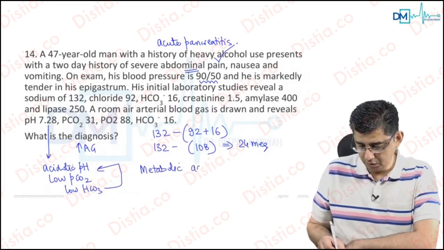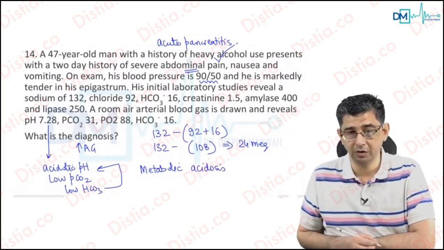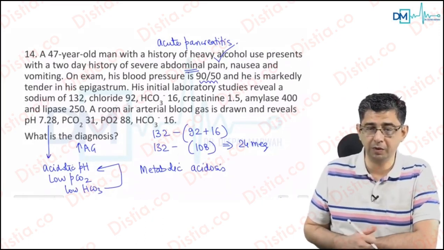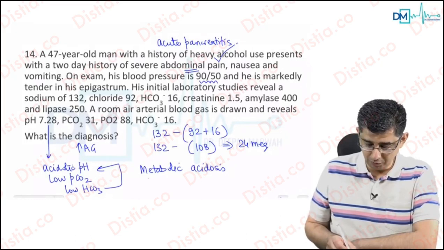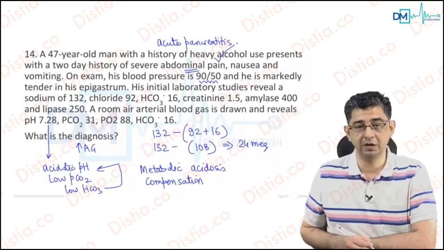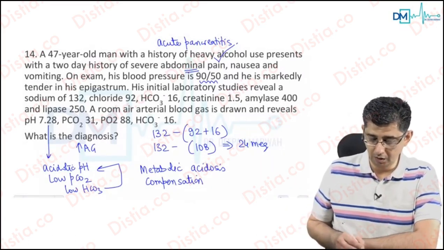I was thinking that this would be metabolic acidosis right in the first two lines of the question, because in any patient with pancreatitis, once you have development of distributive shock, there could be a metabolic acidosis developing. In these patients, there will also be a compensatory process going on. The compensation will involve hyperventilation, which contributes to loss of carbon dioxide from the body.